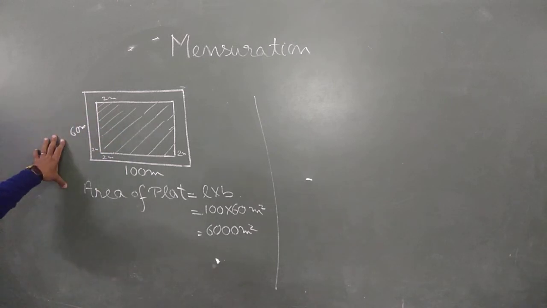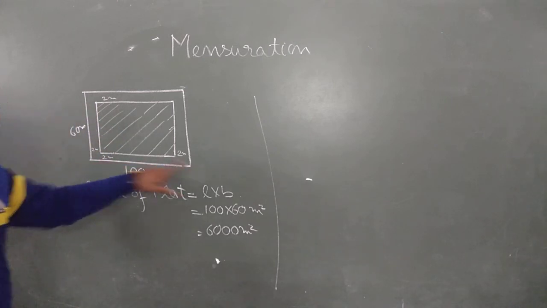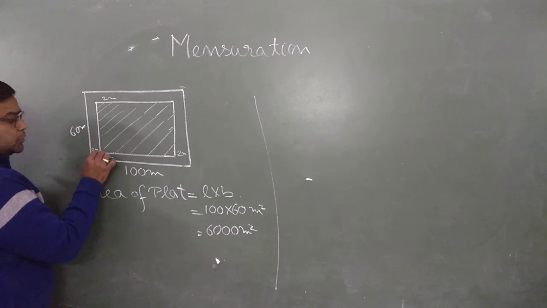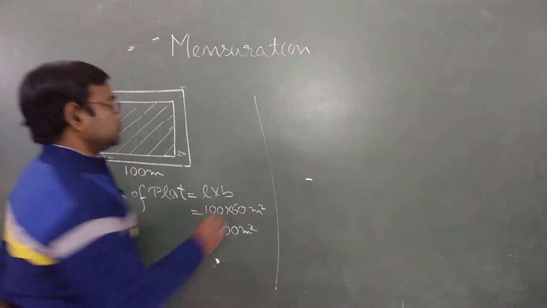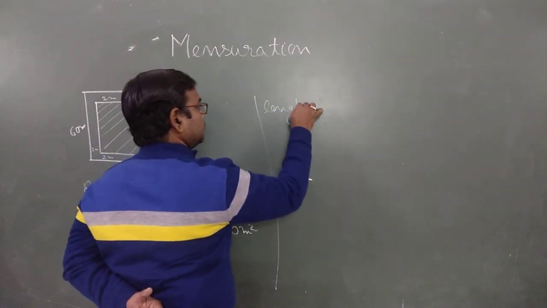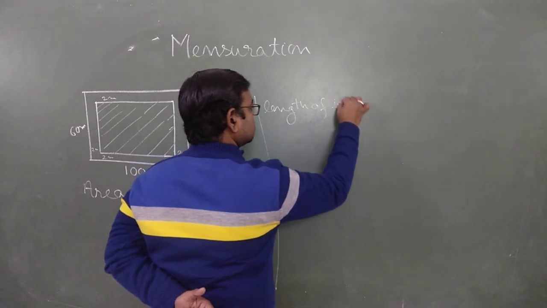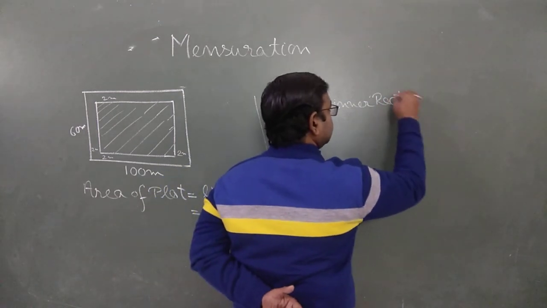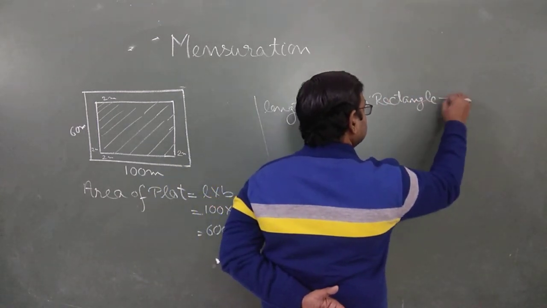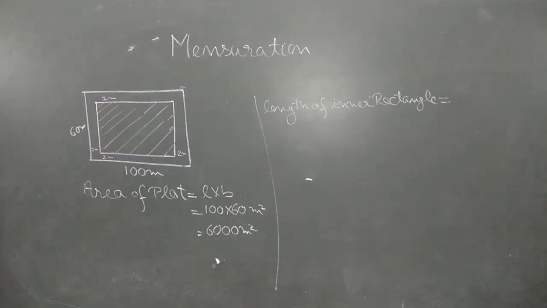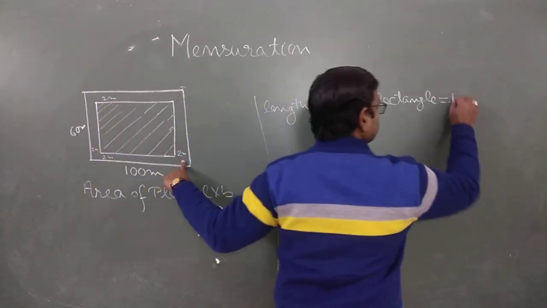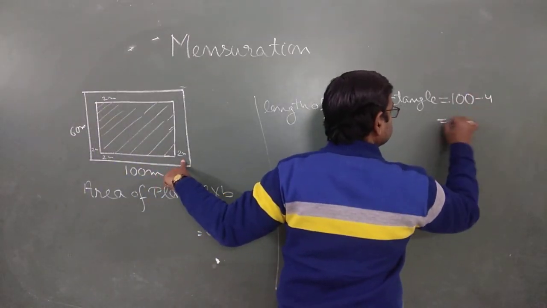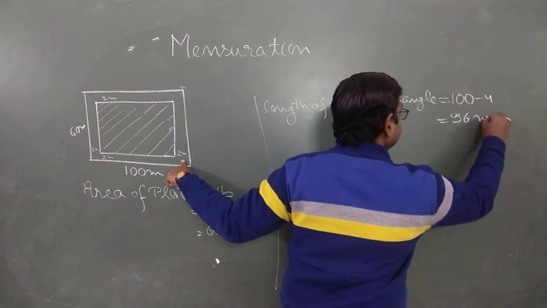In this type of question, remember, if this is your 100, out of 100 this 2 meter is reduced and this 2 meter is reduced, means total 4 meter reduced. So the length of the inner rectangle equals 100 minus 4, 2 from this side, 2 from this side. It's 96 meter. Clear?